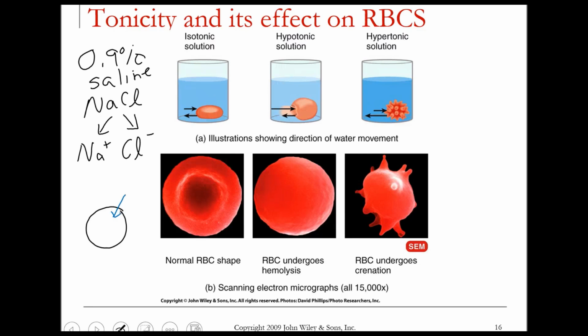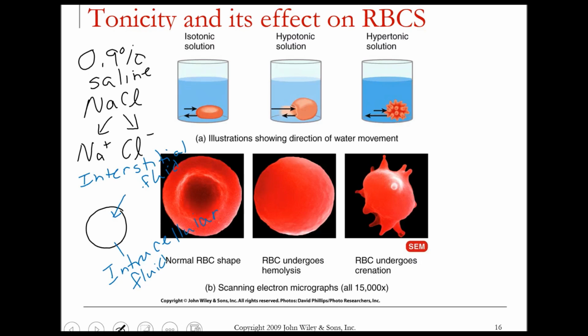Outside of the cell, the interstitial fluid, or inside the cell? And inside the cell would be the intracellular fluid. That's right. The interstitial fluid would have the higher water concentration.